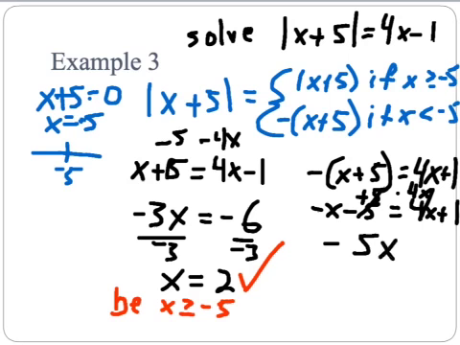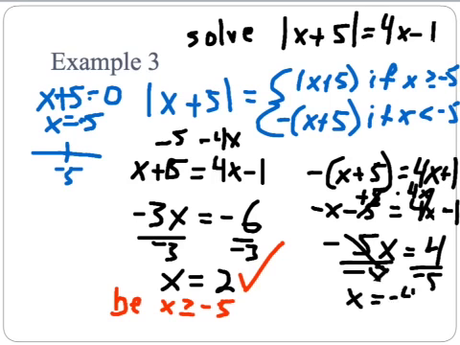Sorry if anyone else has noticed my mistake yet, that was supposed to be a negative 1 in here, because I know I should end up with a positive 4 there. Divide each side by negative 5, and we get x equals negative 4/5.